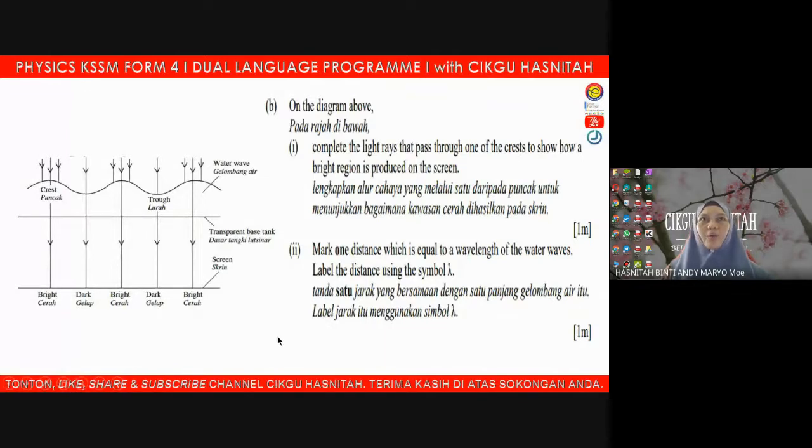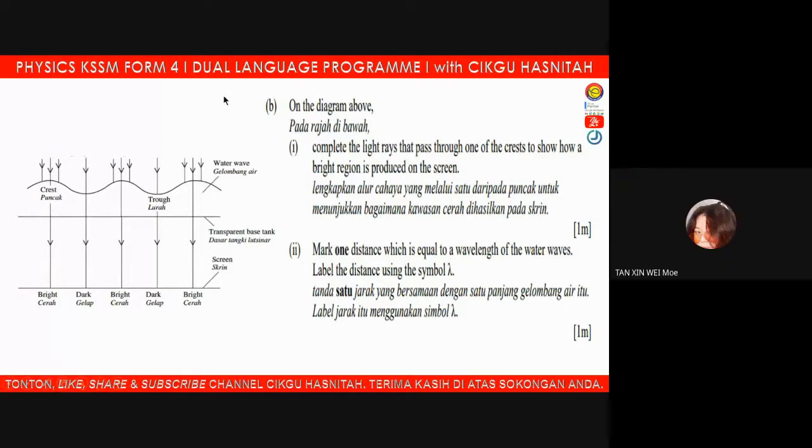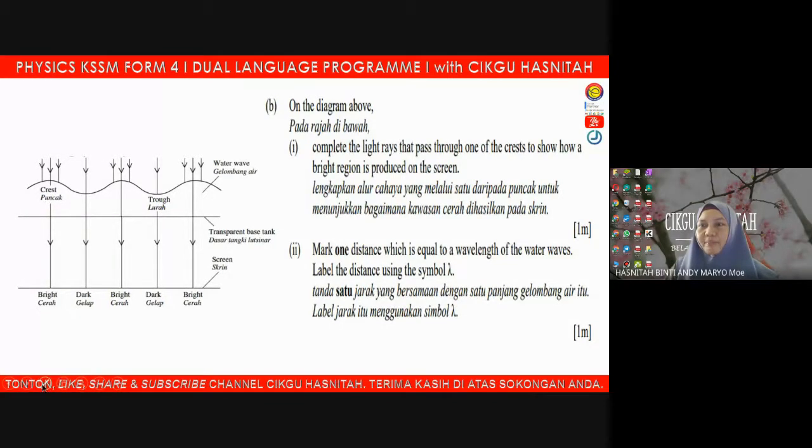If you look at the crest, is the shape convex or concave? It has a convex shape, while the trough has a concave shape.